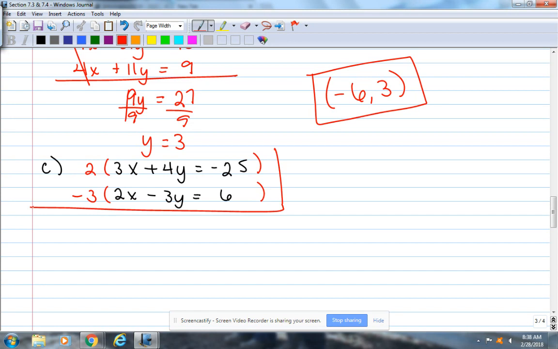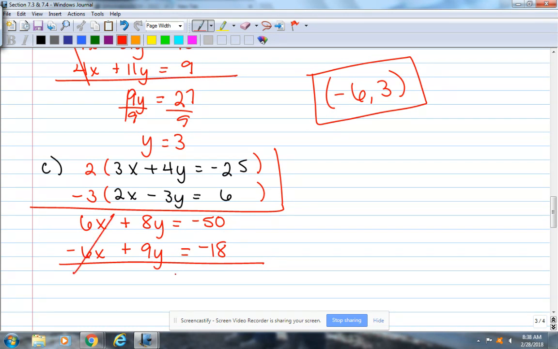If I'm just multiplying the top by positive 2, I get a 6x plus 8y equals negative 50. And if I multiply the bottom by negative 3, I get negative 6x plus 9y equals negative 8. And now my x's cancel.